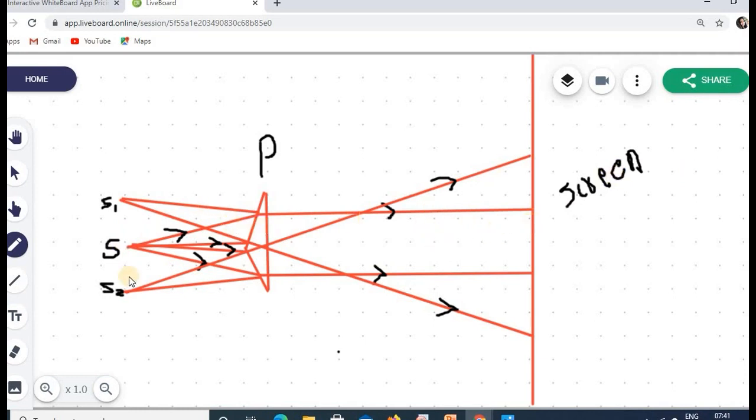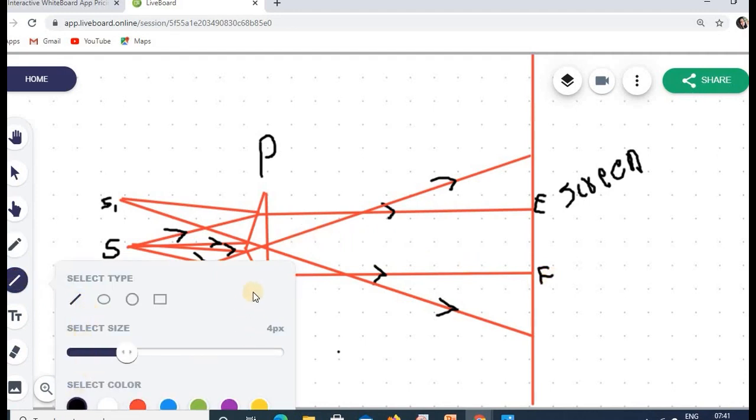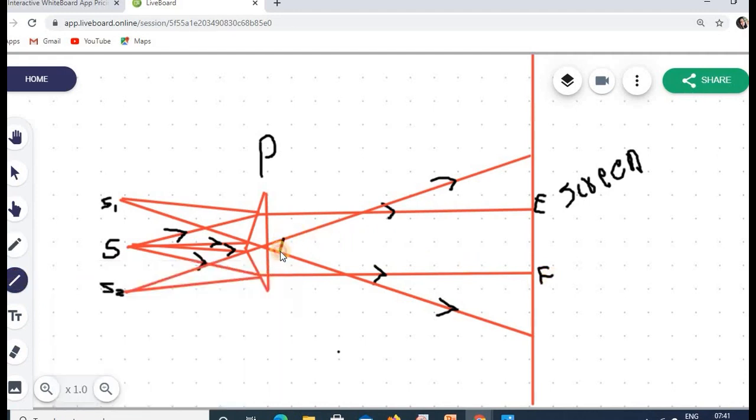So normally what happens? The light produces an interference pattern in the region EF. In the region EF, the interference pattern will be produced. Okay, this is that region. I can show you. In this region, you can observe the interference pattern. It is for the sake of your understanding that I'm drawing this.